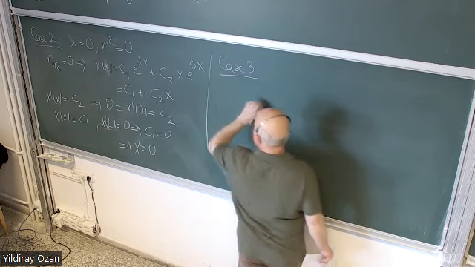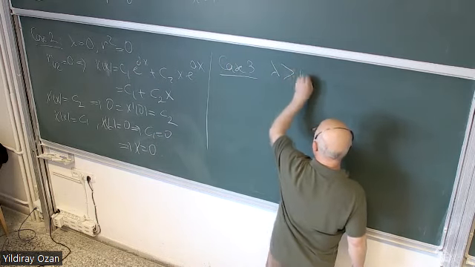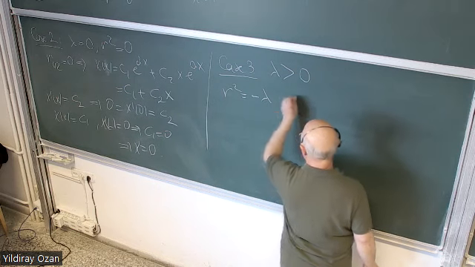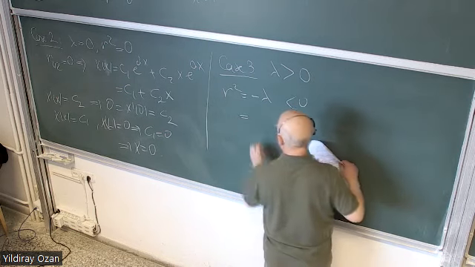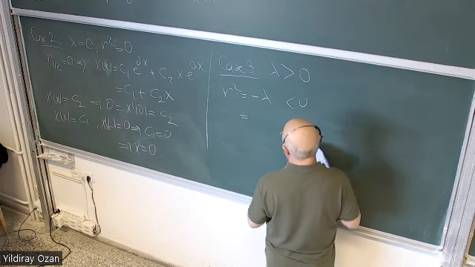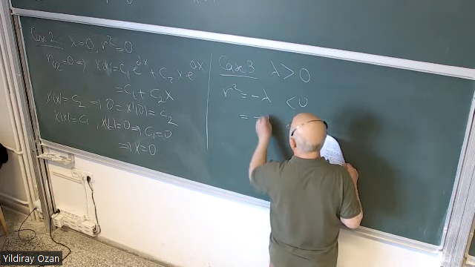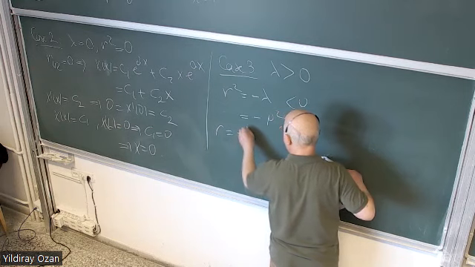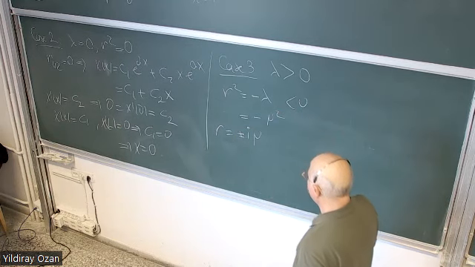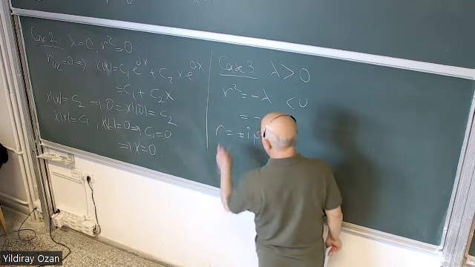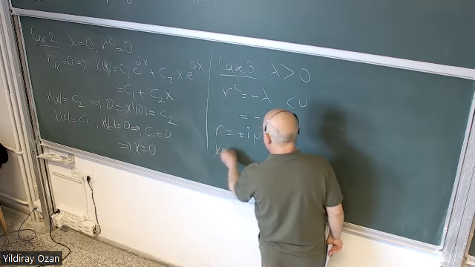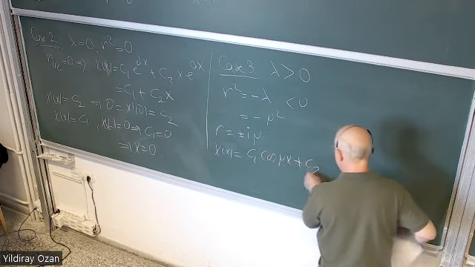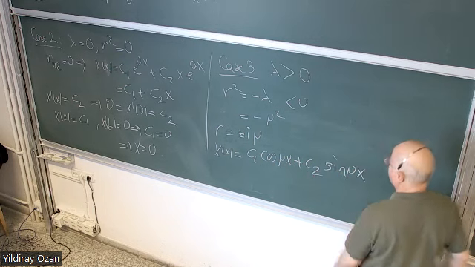Case 3, lambda is positive. In that case, the characteristic equation is this. Therefore, this is negative. So let me just write it this way. This is minus mu squared. Okay. So r is just plus minus i times mu. Therefore, we get the solution X of x is just c1 cosine mu x plus c2 sine mu x.